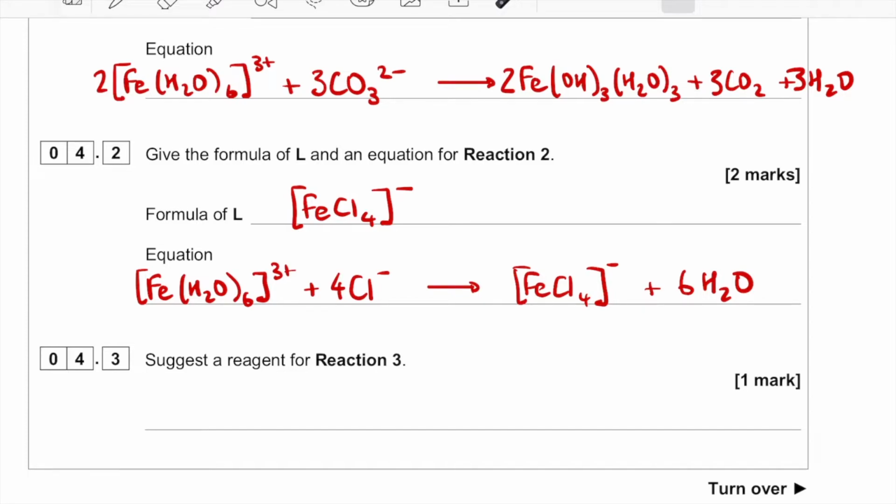Now, they have 2 possibilities in the mark scheme. They have one main one. And I guess this is about recognizing patterns, and also thinking about other parts of the course.